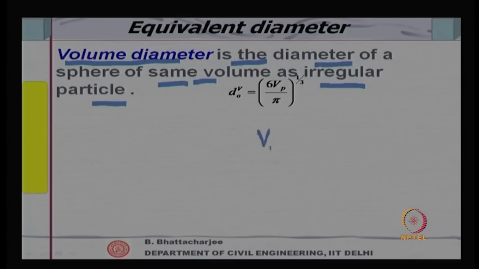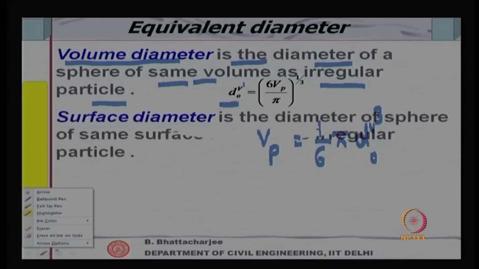Now, if Vp is the volume of a single particle, and I assume a sphere having the same volume, then 1 by 6 pi d0v cube will be equal to Vp, and therefore the volume diameter is given by this expression. V stands for volume.